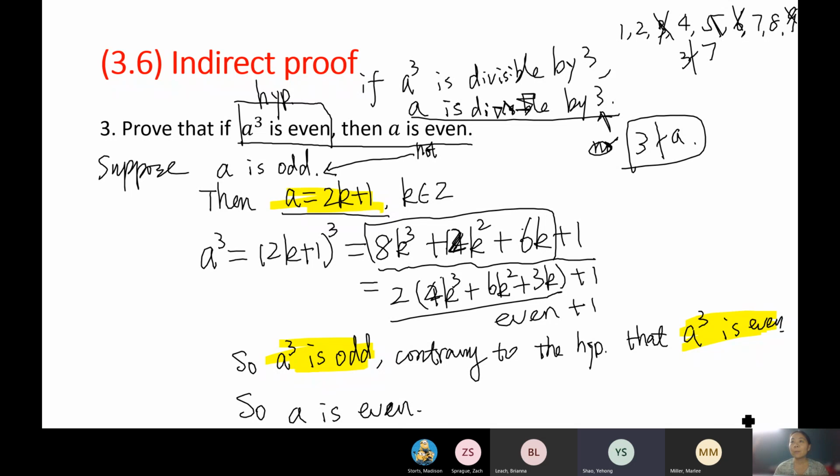So if it's not divisible by 3, it just means it's not 3k. If it's not 3k, there are 2 possibilities: it's either 3k plus 1 or 3k plus 2. So you will have to do 2 cases and verify that under each case, it's not going to be divisible by 3.